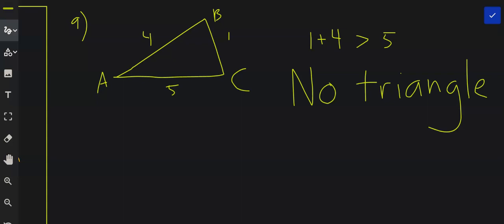But if I move the angle in between so far that it becomes 180 degrees, then the tips of my elbows reach the edge. And that's what happened right there. 4 plus 1 makes 5. There is no triangle because the angle at the top is flat as a pancake. Right? It's a line. It's not a triangle. Okay? That's the situation you're in right there.